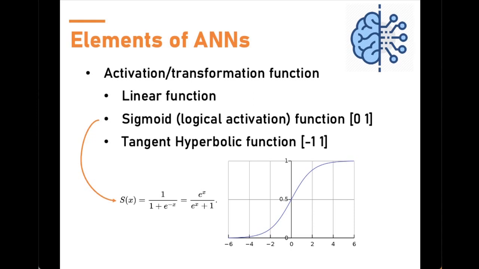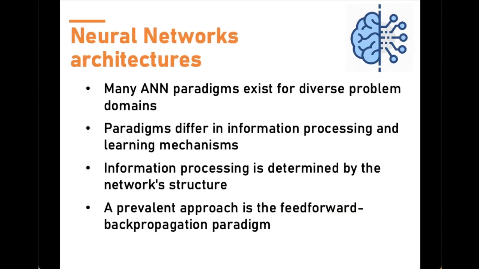The threshold activation function is simply a function that outputs a specific value, for example, 0 or 1, depending on whether the weighted sum of the neuron's inputs exceeds a certain threshold value. So the threshold value represents the minimum required level of activation for the neuron to produce an output, to be activated, to be fired.